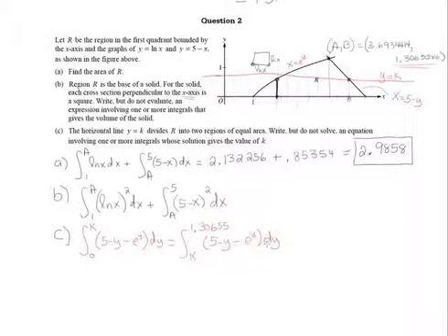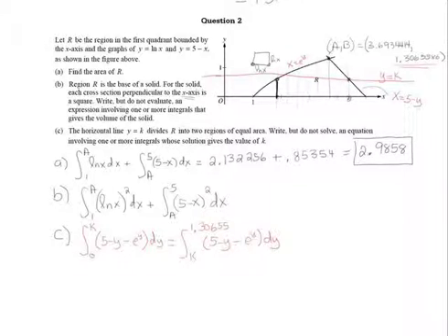I think that's it, so I'm going to take a look again at the question. The horizontal line divides it into right, but do not solve an equation that involves one or more integrals where k is an unknown. I think we're done.